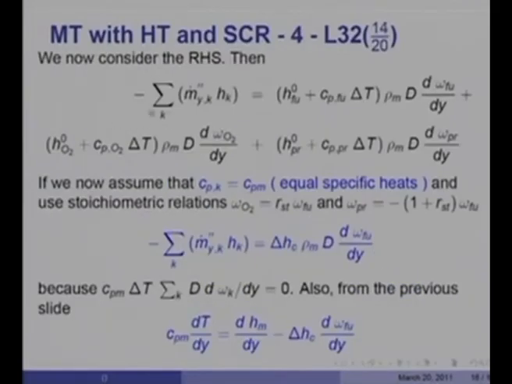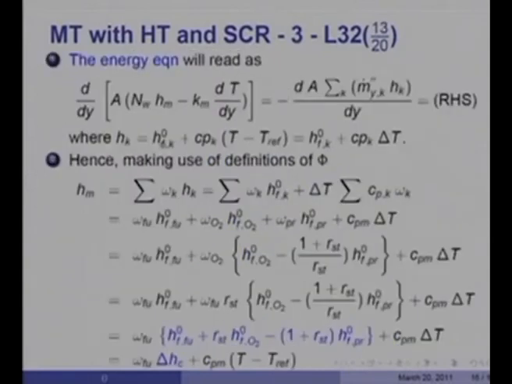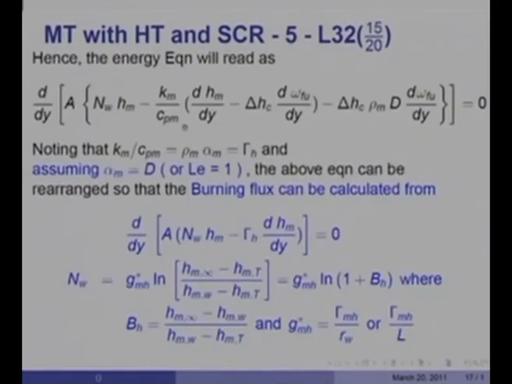So, the right hand side can now be formed, which is, as you know, d by dy of. I can now take everything on this side, and you can see that I can transform this equation into A times NWHm into Km by Cpm dHm by dy minus del Hc d omega Fu by dy. This is essentially the k dT by dy term. This is the del Hc rho m D d omega Fu by dy, which is the right hand side term.